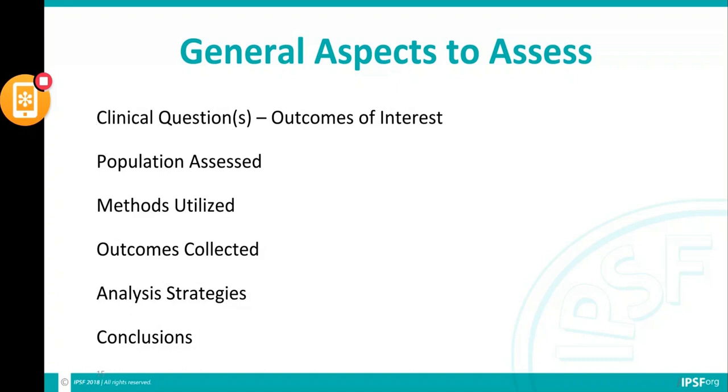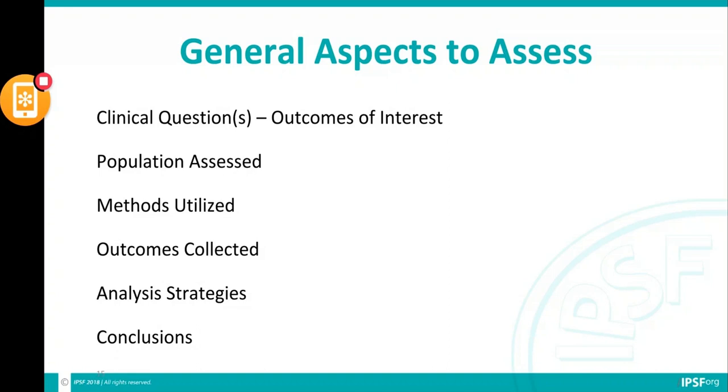Like we've already mentioned a couple times, the population assessed is super important. You want to make sure that the population they've recruited for this trial is a population that you can reproduce if you were to do the trial yourself, so that they have similar baseline characteristics, and hopefully then the outcomes can be attributed to the actual intervention and not just some baseline characteristics that weren't accounted for.